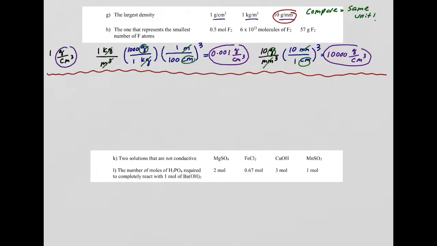All right, ready to do this? Let's do this now. I'm going to convert everything to fluorine atoms. The first thing I have is 0.5 moles of F2. So what I've got to do is convert it to atoms of F. I already have moles, so I can do my mole ratio.